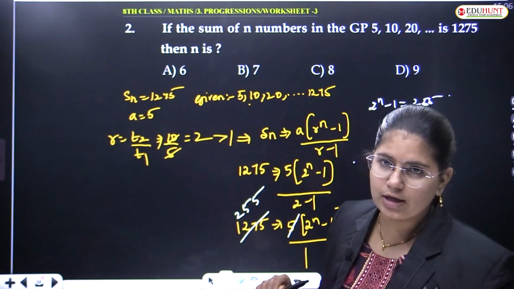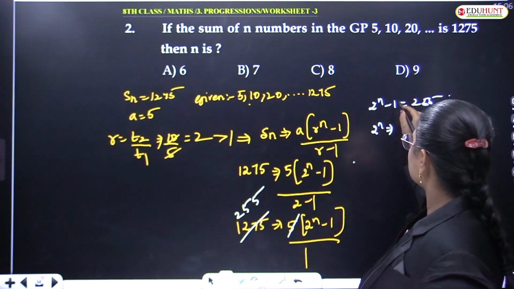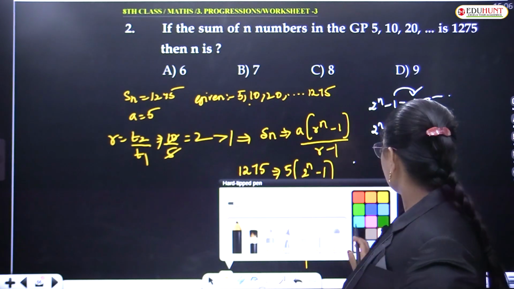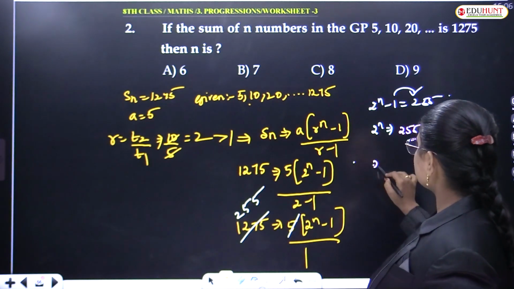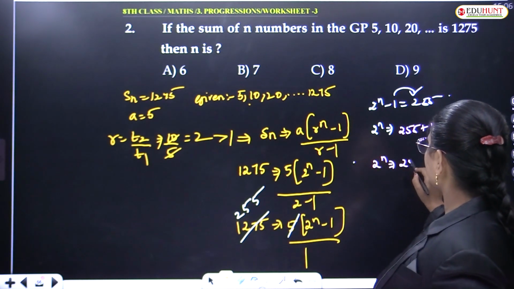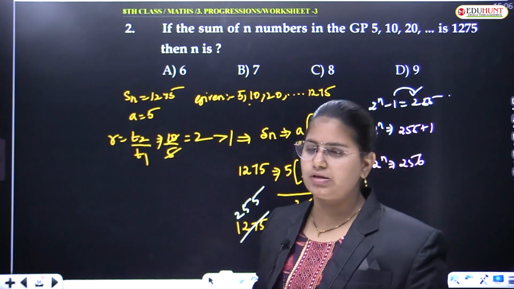You need to find the value of n over here, so 2 power n is equal to, transferring the 1 to that side, 255 plus 1, which is 256. What is the prime factorization of 256?